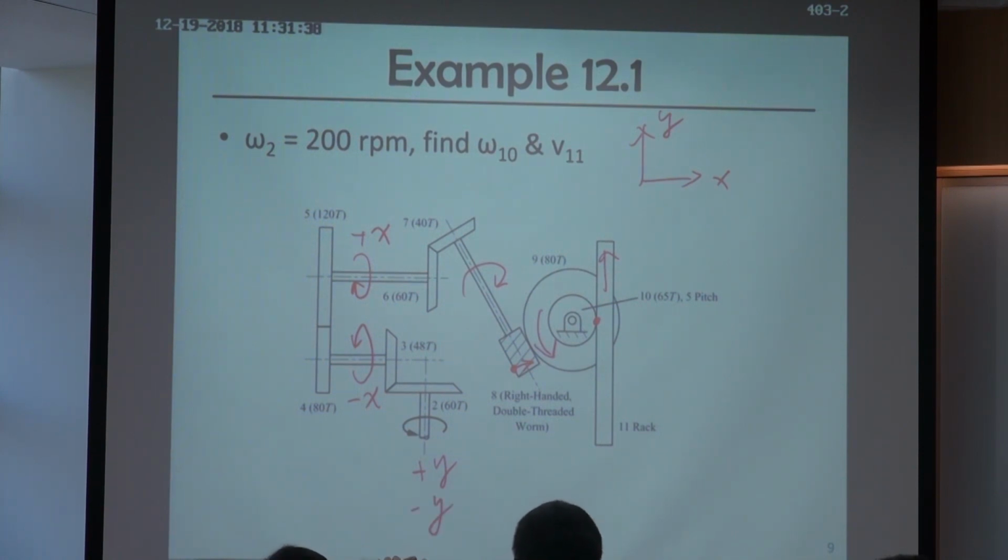If it's negative, then you change all the signs or directions. All the directions should be reversed. But right now I'm assuming it's positive anyway. But according to this figure, it should be negative.